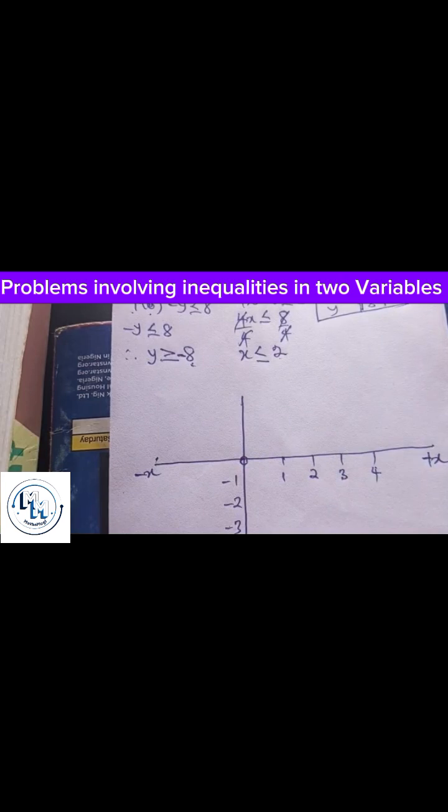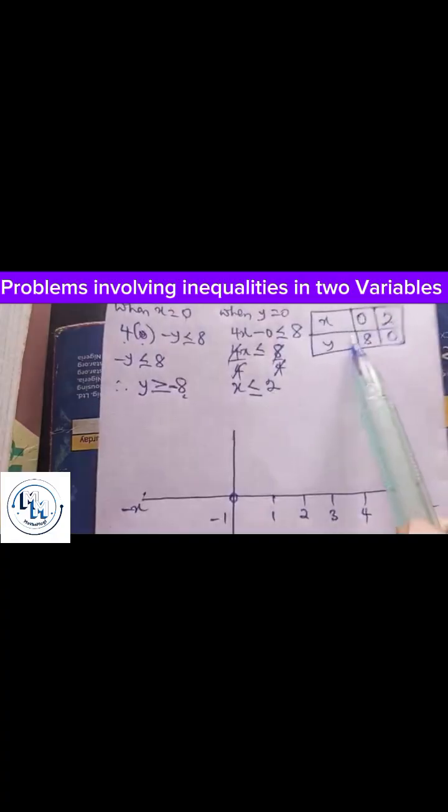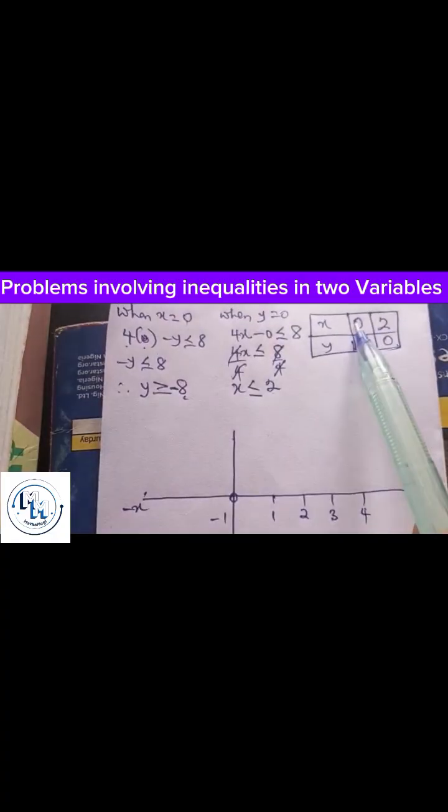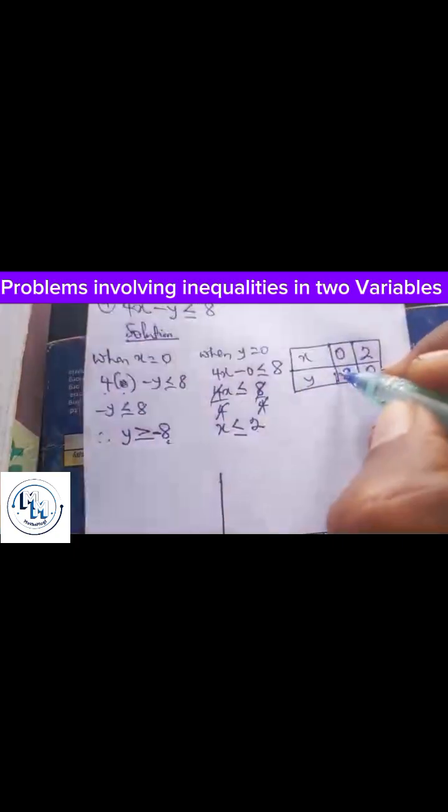Is that okay? Now, let's go again. Remember, from this table here, when x is 0, y is minus 8. When y is 0, x is 2. x is 2 here when y is 0.